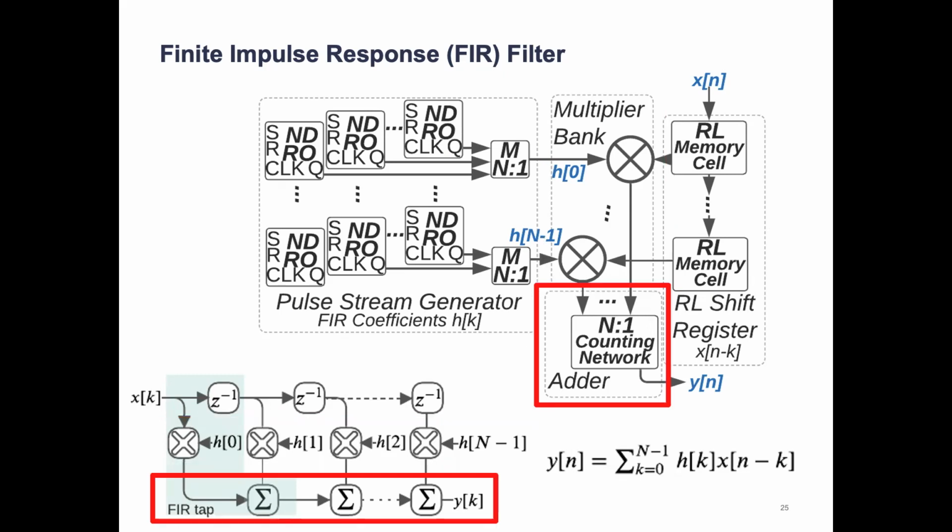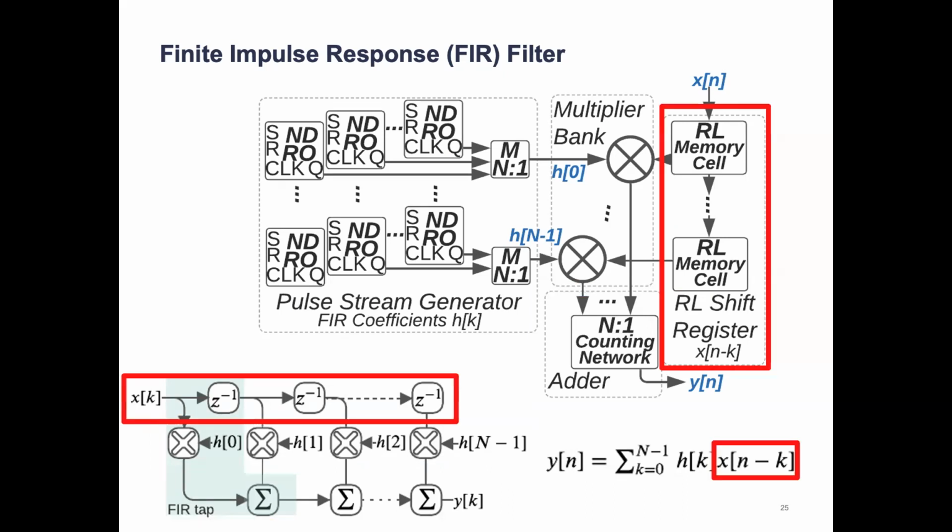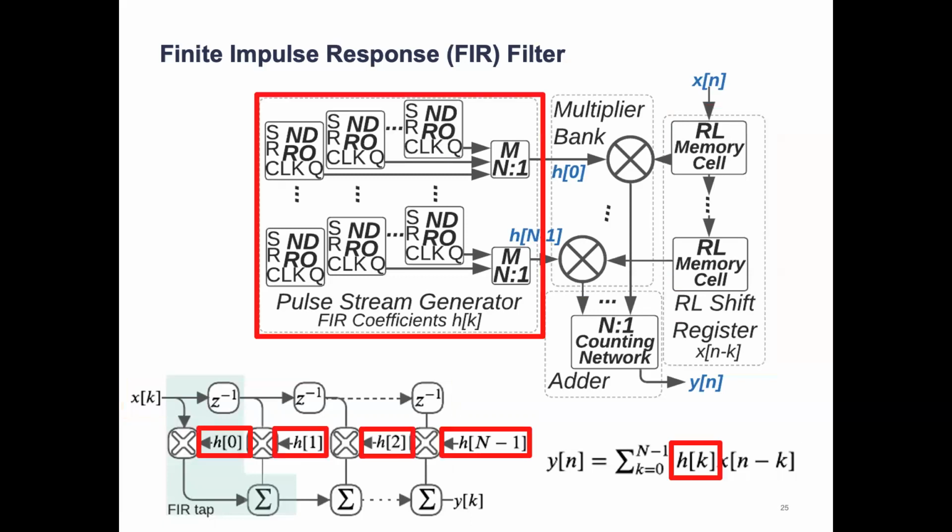The counting network does the addition of all the outputs of the multipliers. We have race logic memory cells, and I call them race logic because they're customized to respect the delay from an epoch, because it's a temporal value. I'm not going to go into detail for that, but we have built some custom memory cells for race logic that preserve temporal information.